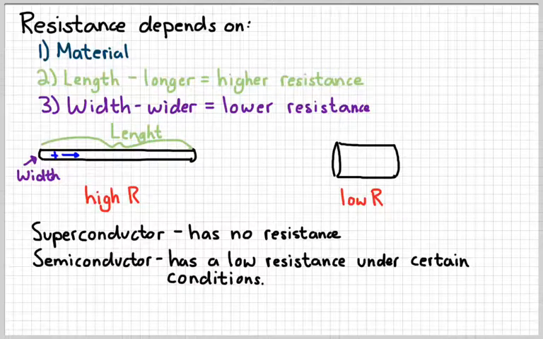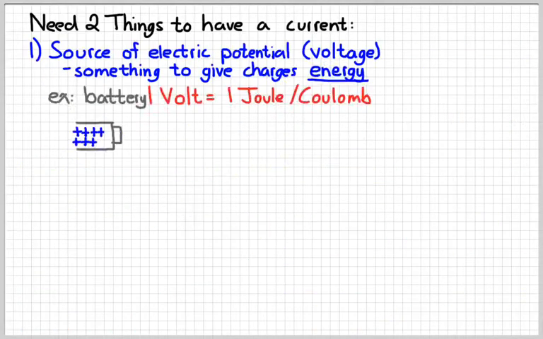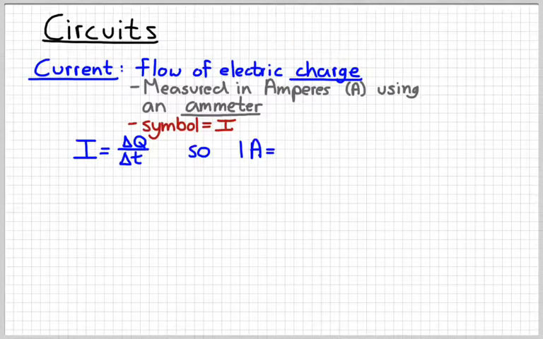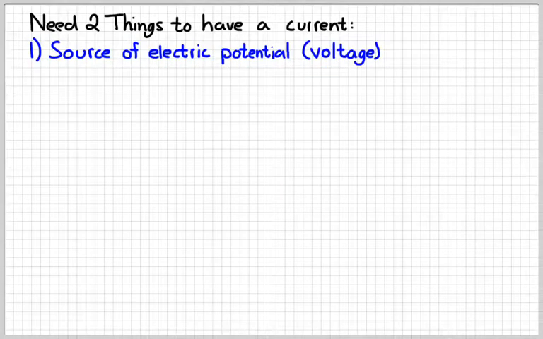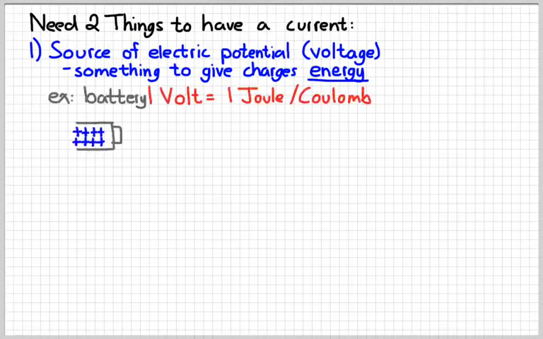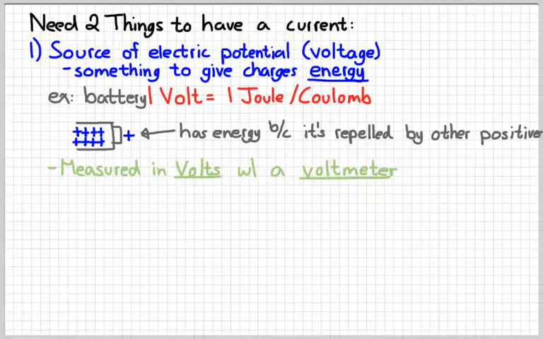So, to kind of quickly recap, we have a current whenever we have a flow of electric charge. And current is simply coulombs per second, measured with an ammeter. We have to have a source of electric potential in order to make charges move.